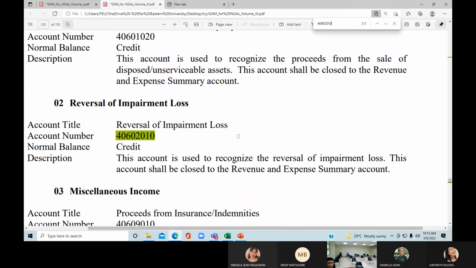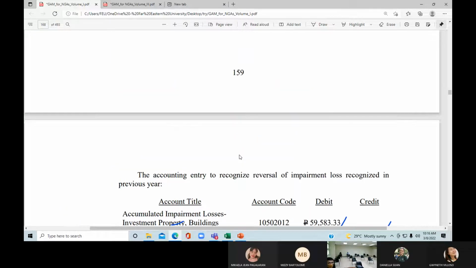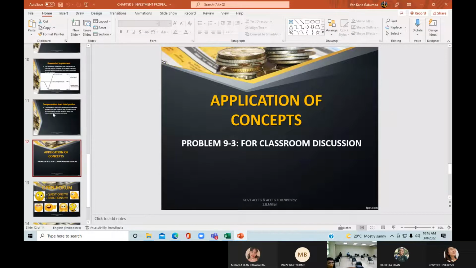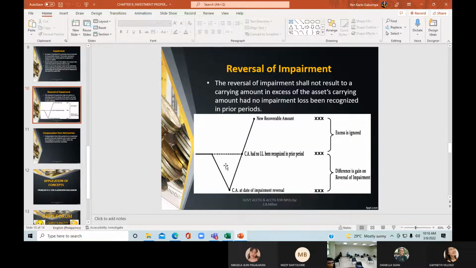This account is used to recognize the reversal of impairment loss. This account shall be closed to revenue and expense summary account. So itong problem na to, yan lang yung pinakikita dito sa figure na yan. So hindi ka pwedeng mag-reverse ng lampas dun sa carrying amount had no impairment loss been recognized.